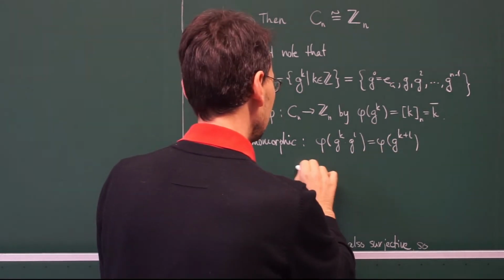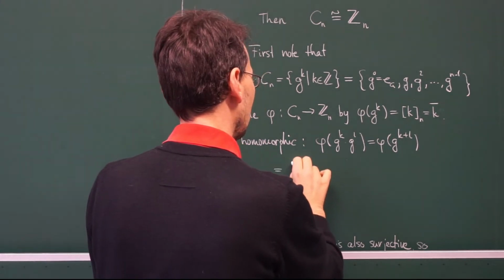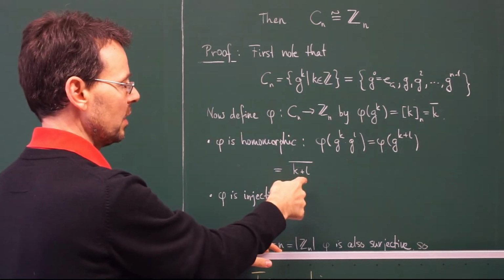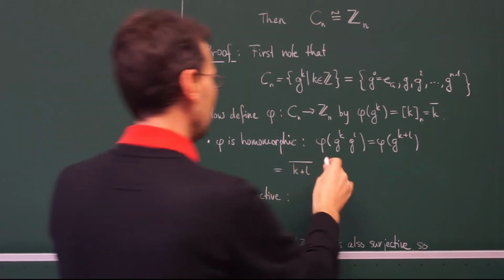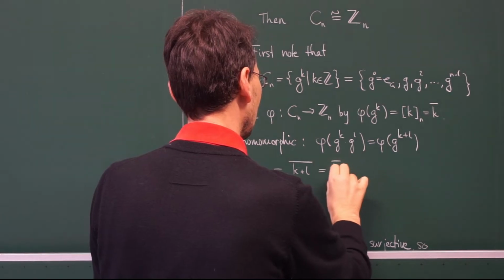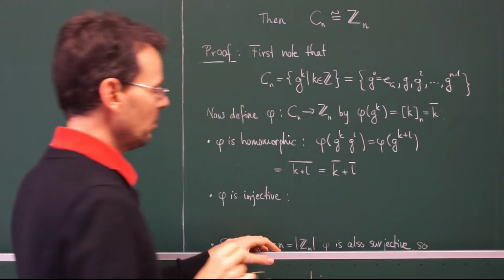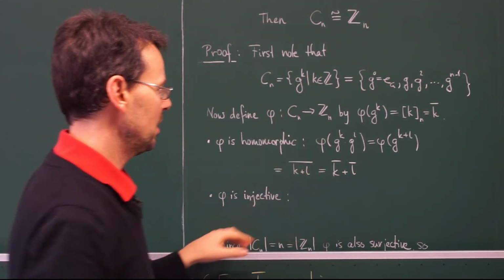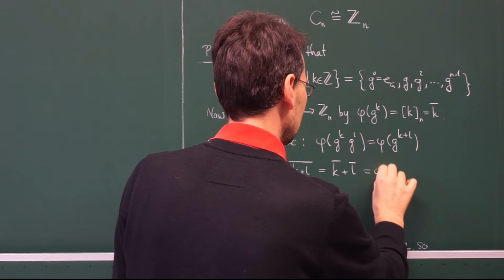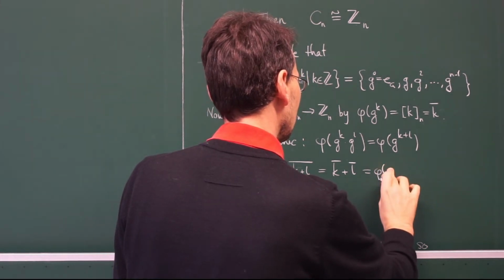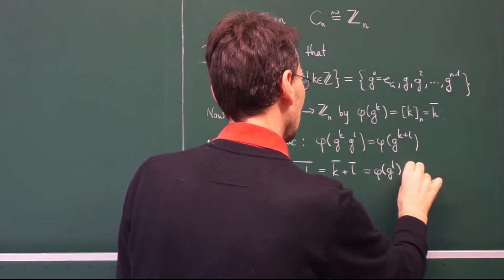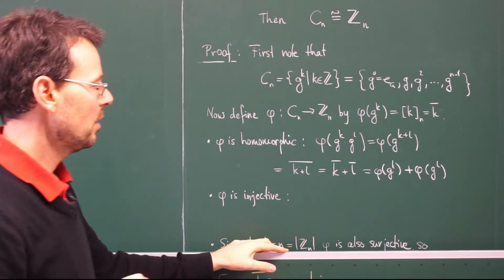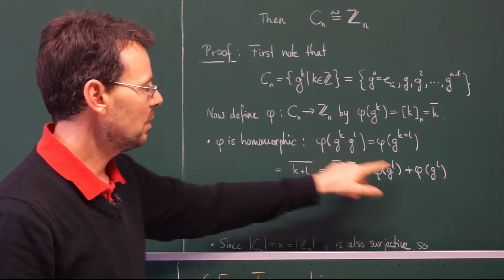And now, by definition, this gets mapped to the residue class of k plus l mod n. But by definition of addition in this group here, this is the same as that. And now this is just phi of g to the k plus phi of g to the l. And that proves that phi is indeed a homomorphism.